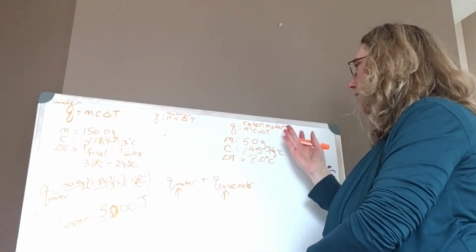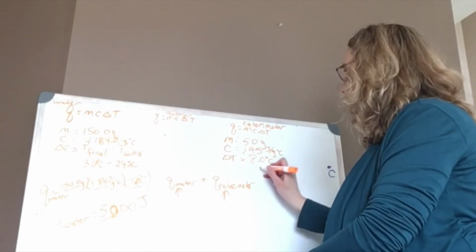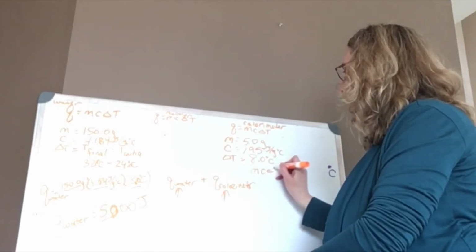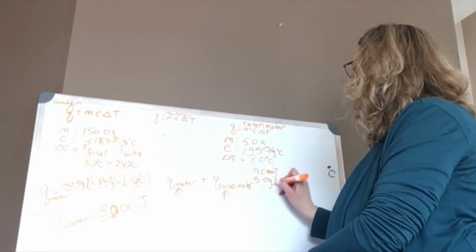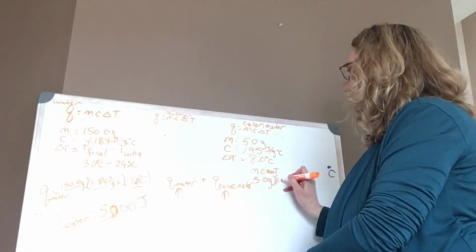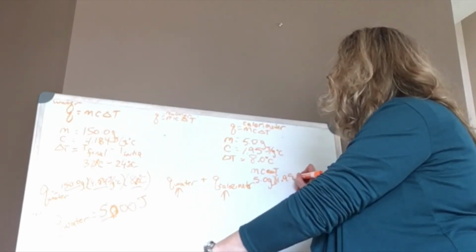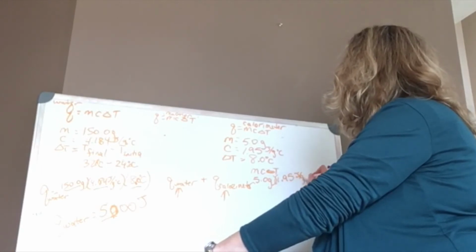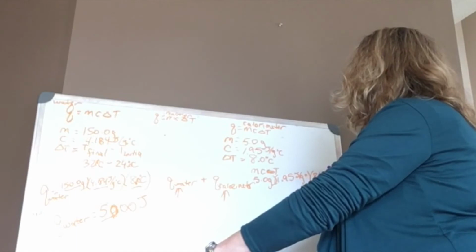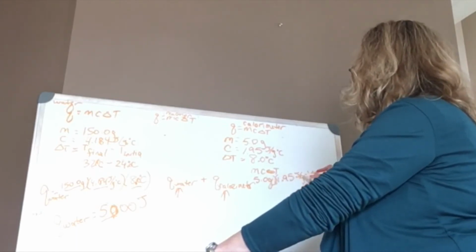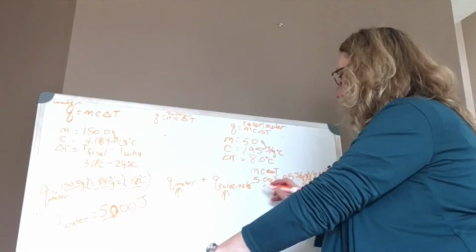So can I figure out the Q of the calorimeter? Yes, I can. Q is going to be MC delta T. So it's going to be 5.0 grams times, I don't want to get my number wrong, 1.95 joules per gram degrees C times 8.0 degrees C. So this gram cancels that gram, this degree C cancels this degree C, I'm left with joules.